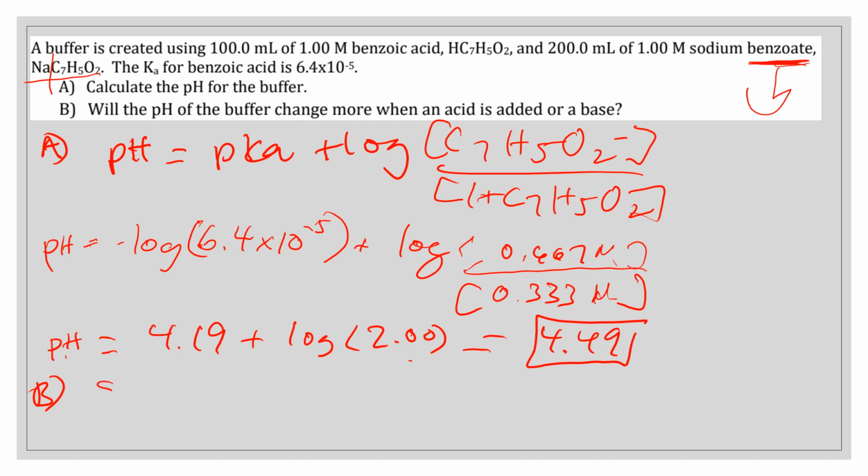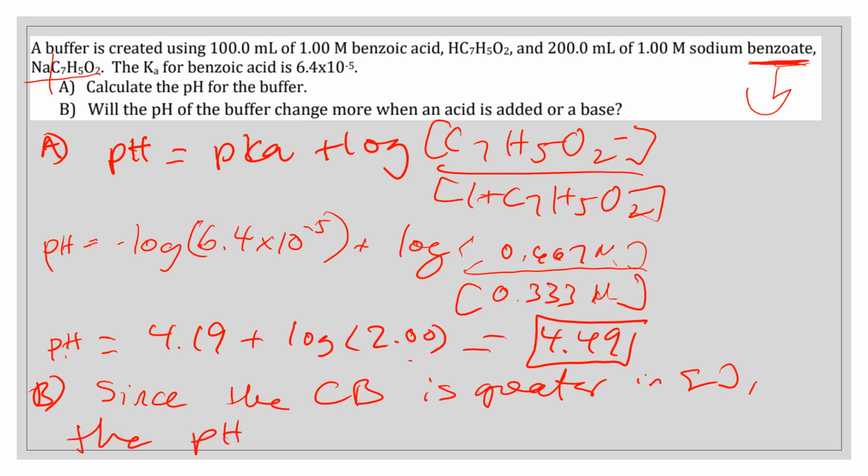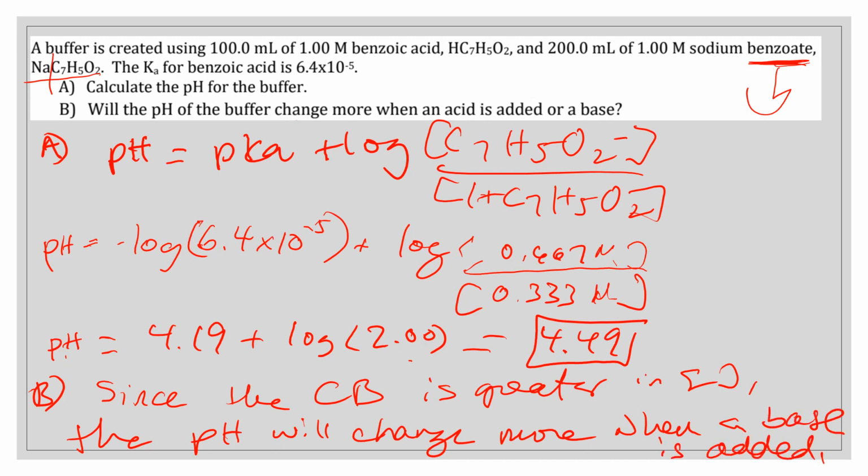So since the conjugate base is greater in concentration in this buffer system, the pH will change more when a base is added.